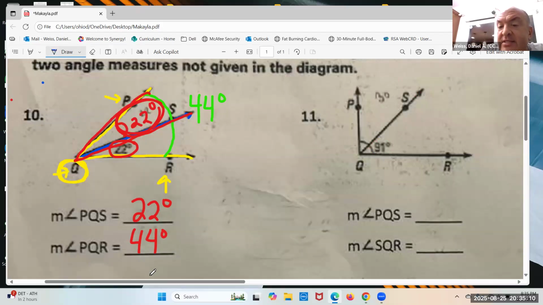Here, it says this whole angle is 91. So PQR is 91. Sorry, your 30 is no good. If it's 91 and this guy is a bisector, that means this and this are equal.